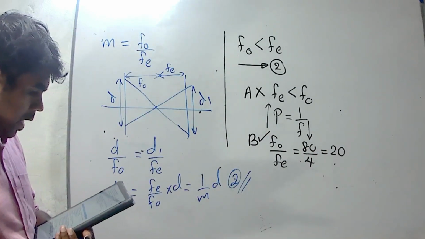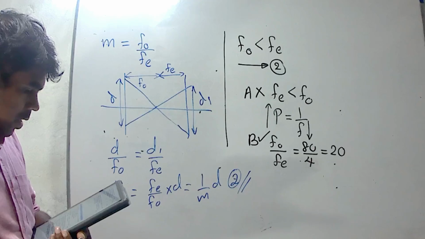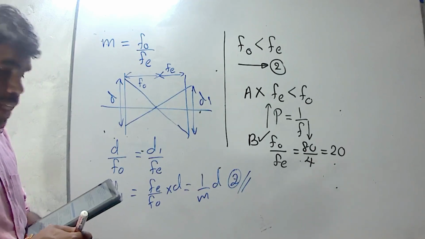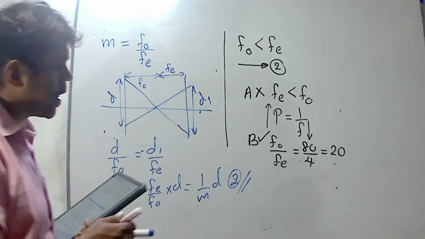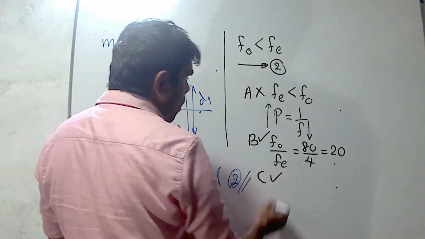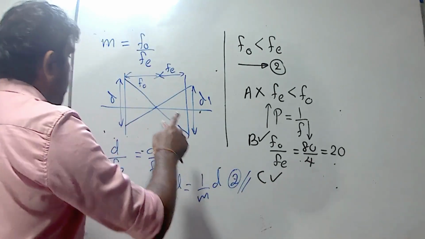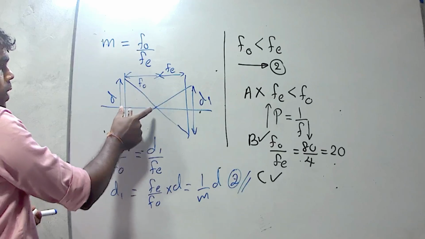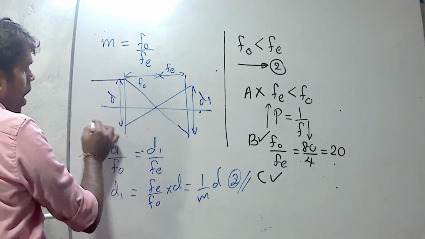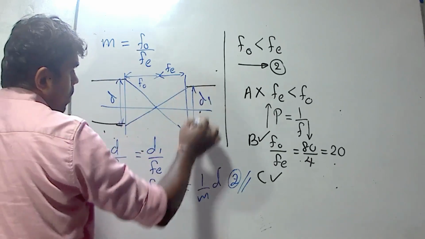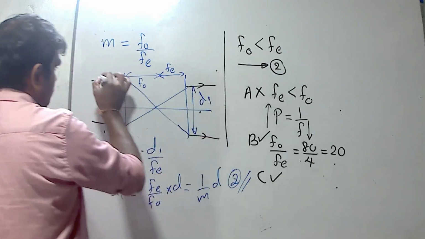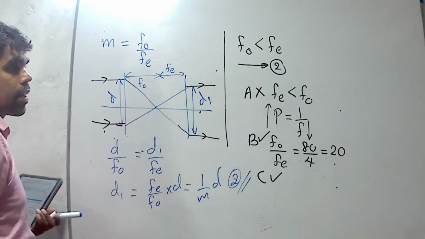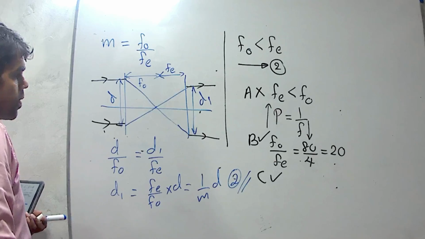Then statement C, the separation of lenses is 84 centimeters. Yes, it is correct. We know that for the normal adjustment, parallel rays are moving as parallel rays after refraction through the lenses.